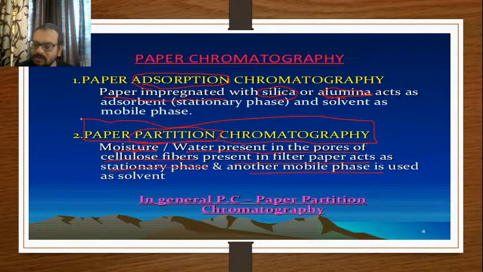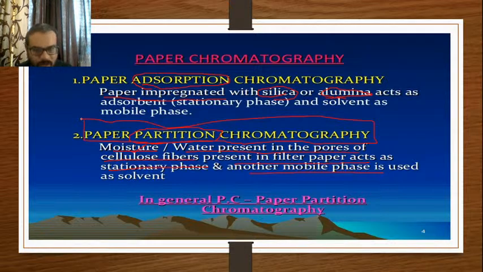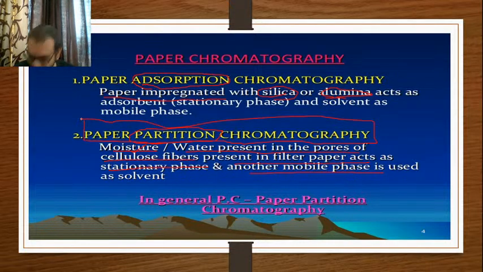Most probably the simple cellulose fiber filter paper, which employs the moisture or water vapor present in the pores of the cellulose fibers, has been used for partition chromatography, and that's why when I say paper chromatography, it is most of the time paper partition chromatography.